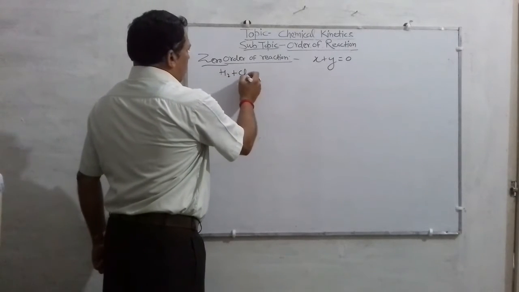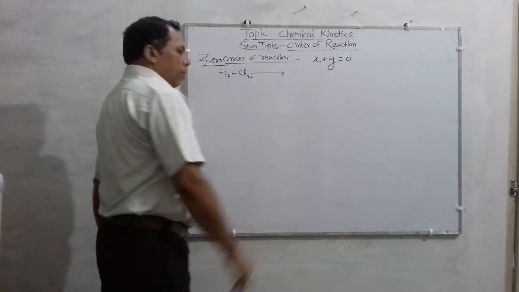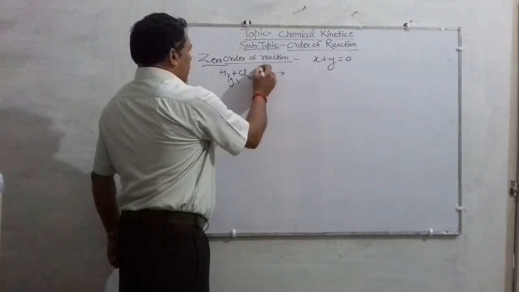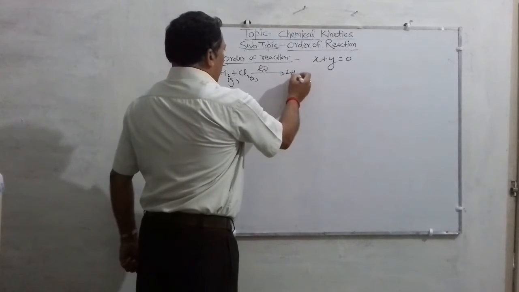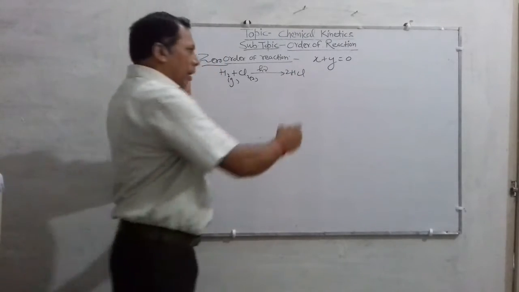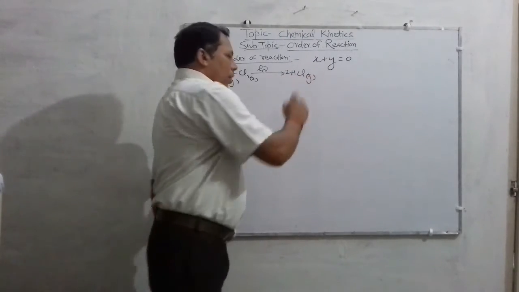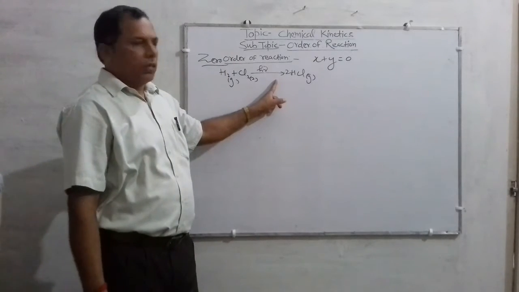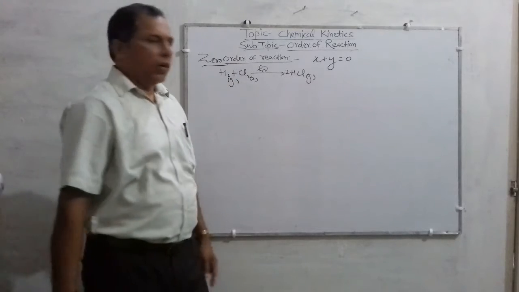when hydrogen and chlorine gases combine in the presence of sunlight, resulting in the formation of hydrogen chloride gas, it is experimentally determined to be a zero order reaction.